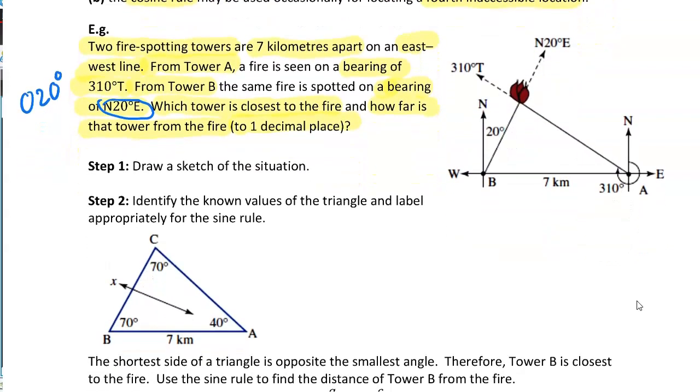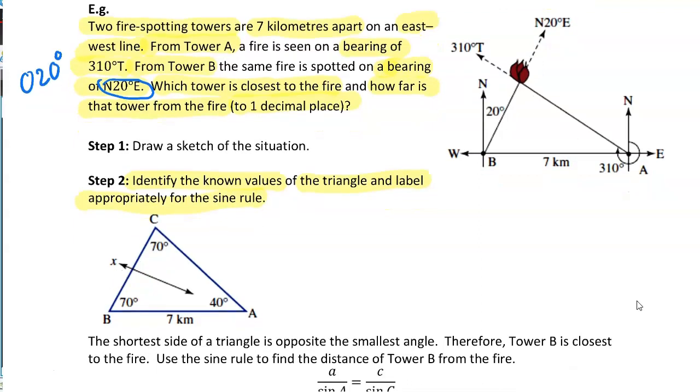So we've drawn the sketch. We need to identify the known values of the triangle and label appropriately for the sine rule. You can see we've taken this triangle here and put it here. Because that's 20 degrees in there, that has to be 70 degrees, because of course they add up to 90 degrees.